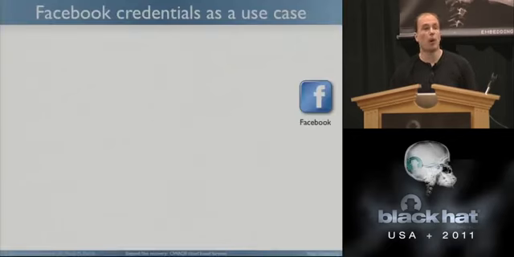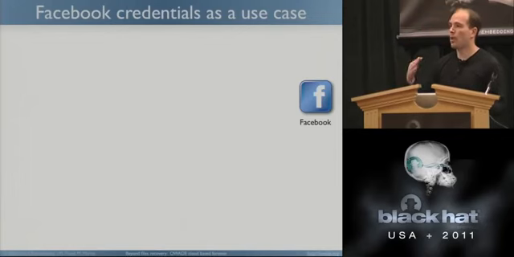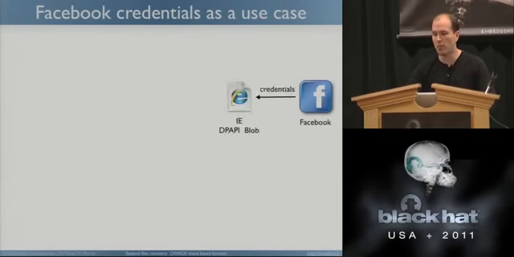Let me give you an example of why it's hard. Let's assume I want to know who someone is on Facebook. I get a hard drive and I know this person is a user of Facebook. To get the Facebook credentials, they are probably stored in IE Password Manager. IE Password Manager is encrypted with DPAPI.